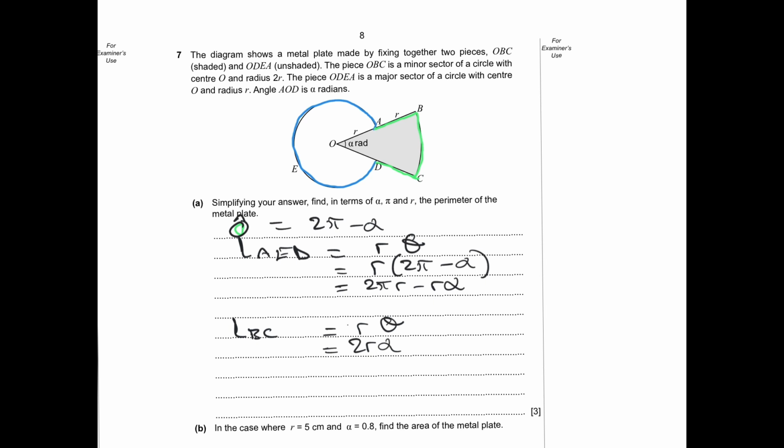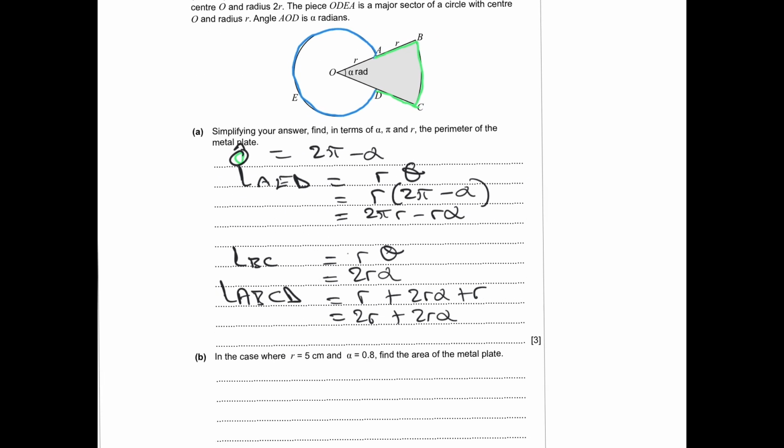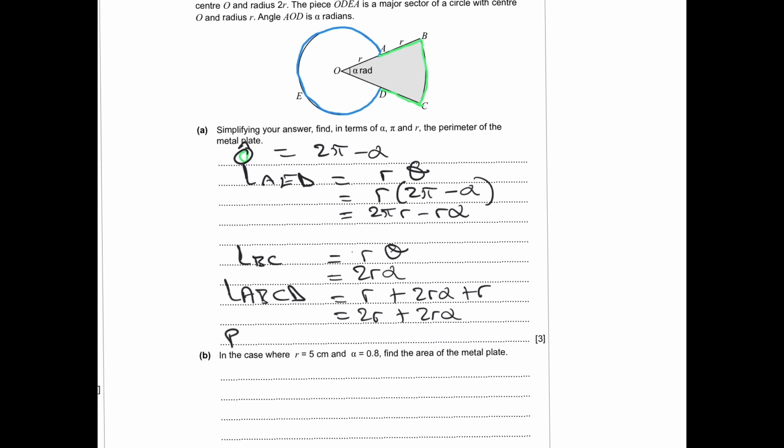Now the length of the whole part ABCD, what is it going to be? It's going to be r plus 2r alpha plus r, which of course simplifies to 2r plus 2r alpha. So the perimeter that we need, we are going to add these two, the one in blue plus the one in green.